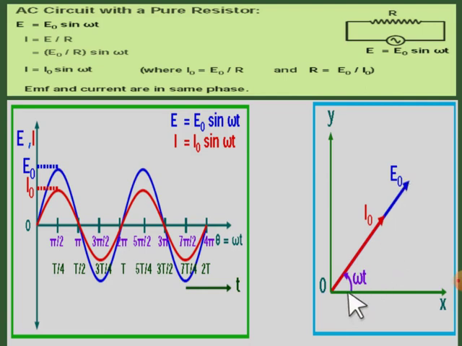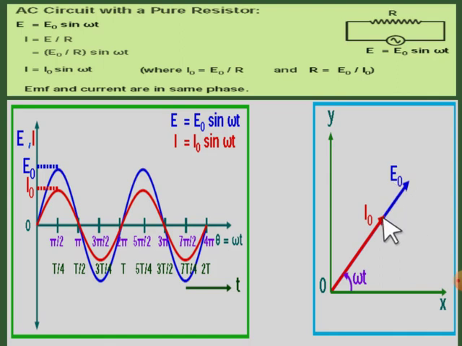From the reference axis, the phase is omega t, both for the current as well as for the EMF. So while drawing, we draw the rotating vectors as the peak values of instantaneous current and instantaneous EMF. Now how do we find the instantaneous current and EMF from these peak values?